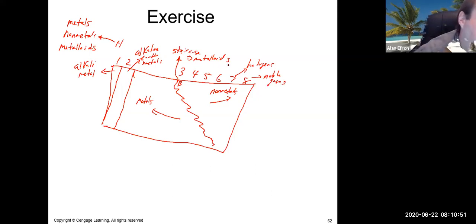Remember that we use the representative numbering when we number the periodic table. So that's 1, 2, and we skip this middle area between group number 2 and group number 3. And then we go 3, 4, 5, 6, 7, and 8. In this middle area between 2 and 3, these are our transition metals.